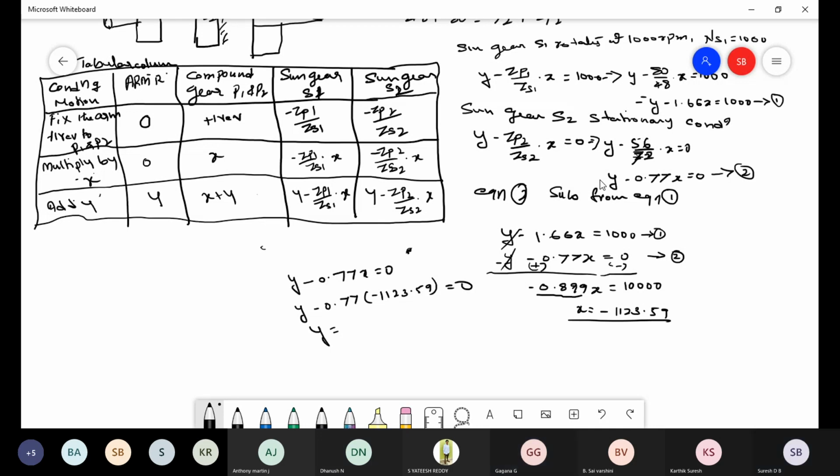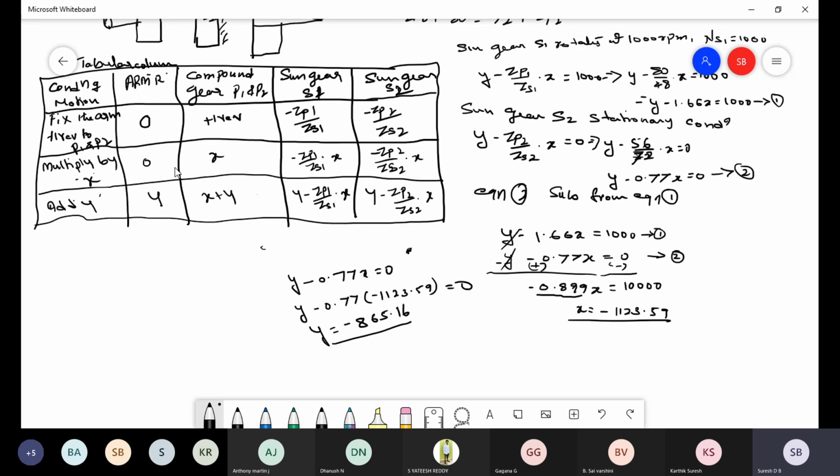The value of y equals minus 865.16. Here y means R_M, which is found by using the y equation.